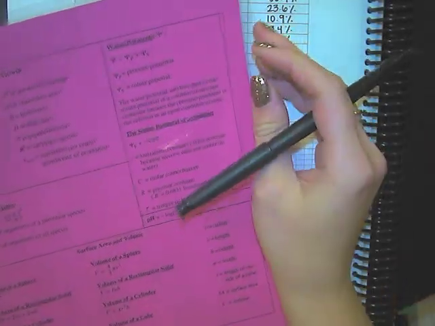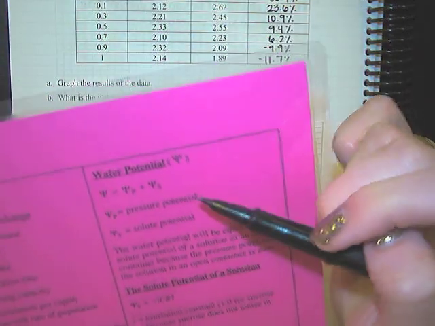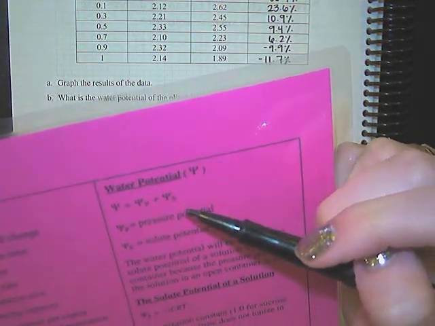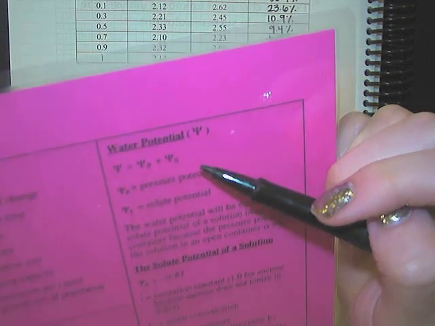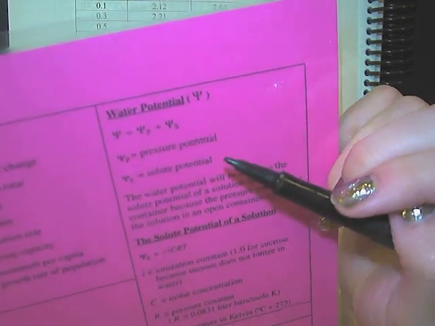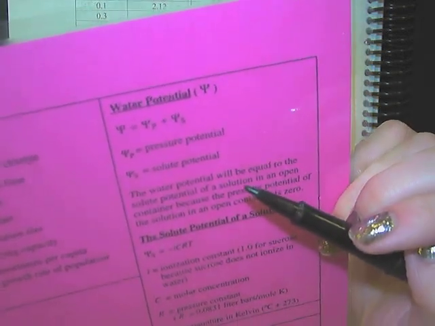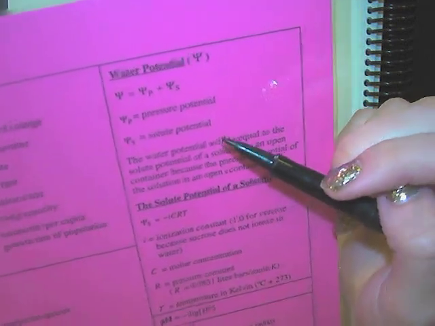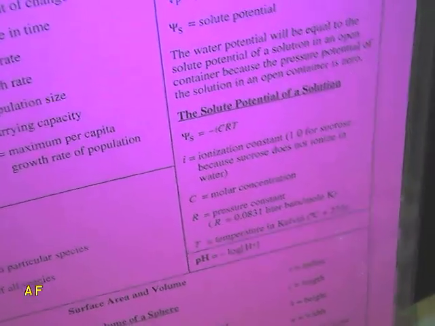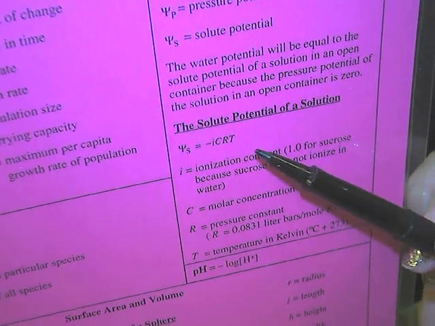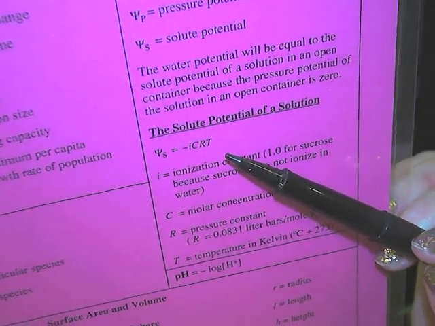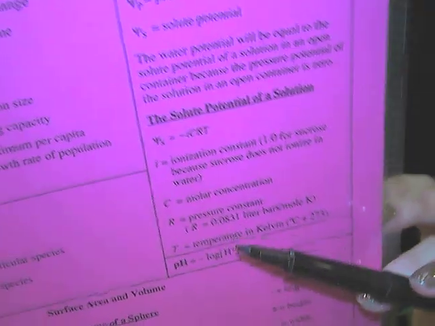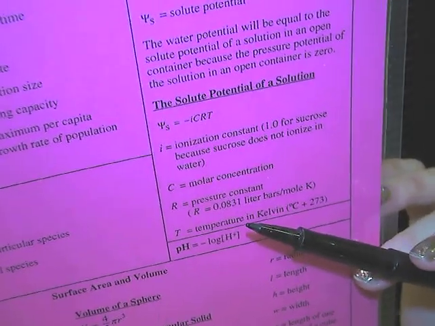For water potential, the water potential equals the pressure potential and the solute potential added together. In this case though, the water potential is equal to the solute potential because it's an open container. So we're going to go straight down here to the solute potential equation, which is negative iCRT. That gives you all of these numbers down here. We just have to plug them in.